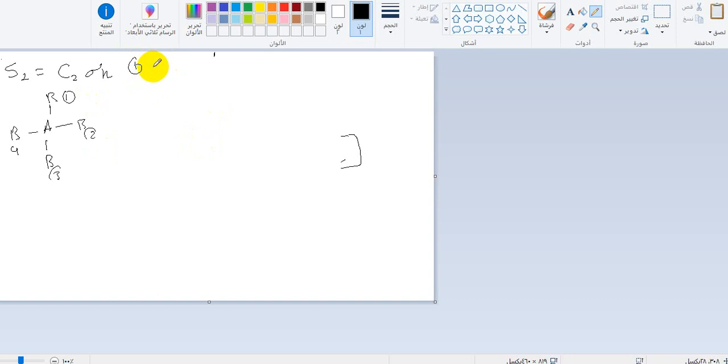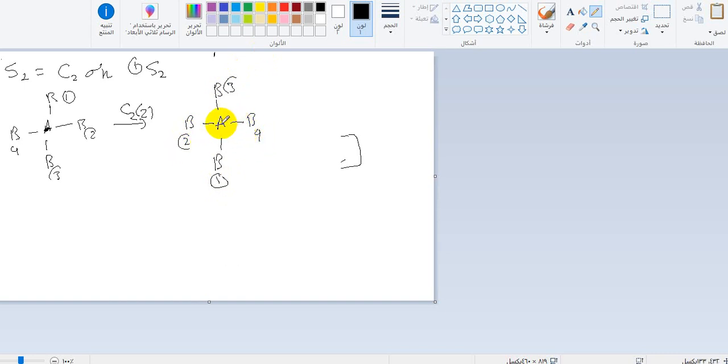Number 1, S2: C2 on the z-axis here. Take 1 and 3, and 2 here, and here is 4.